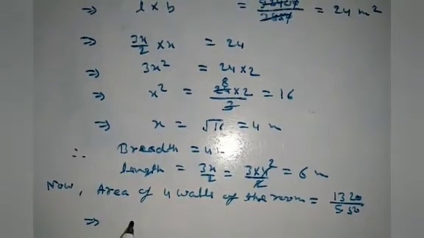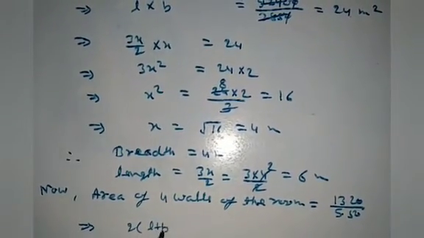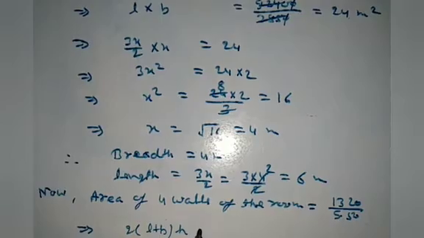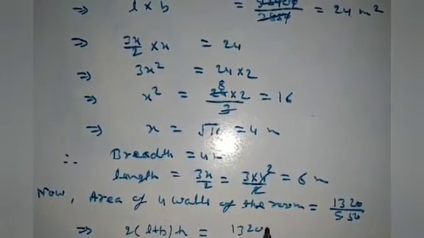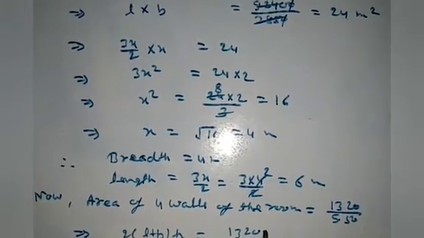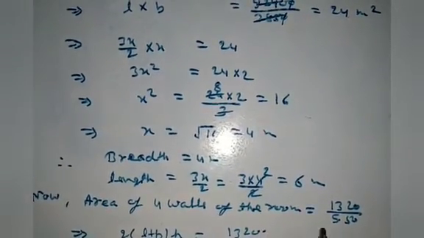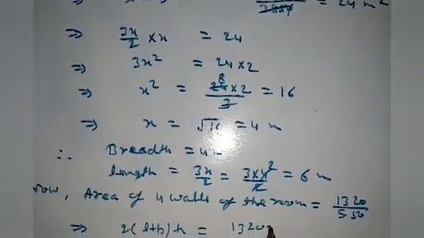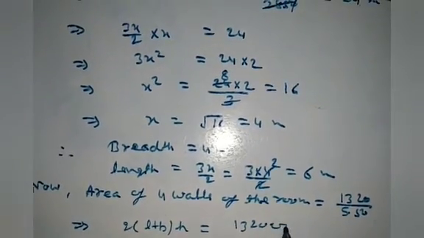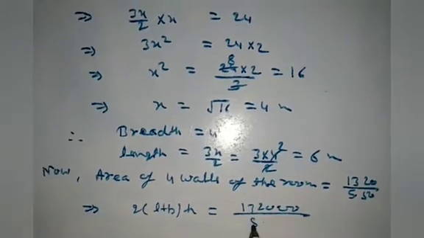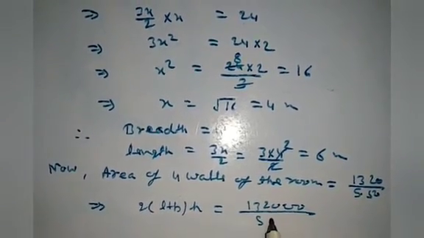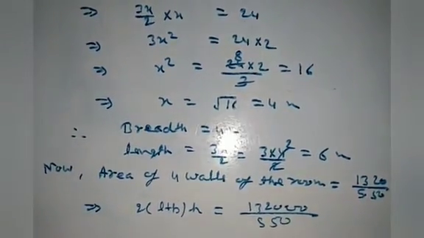So 2 into L plus B into H equal to 132, and after removing the decimal this becomes 132000, and 5.50 becomes 550.